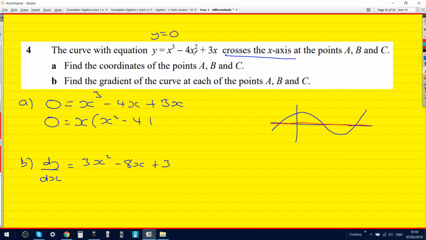Did we forget squared somewhere? That should be squared, sorry. 4x plus 3. Yeah, and then?